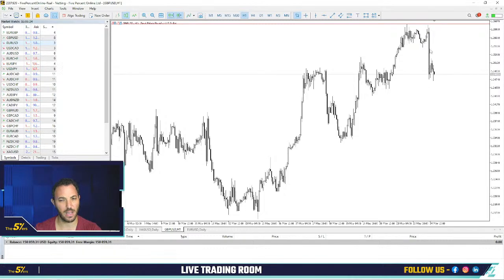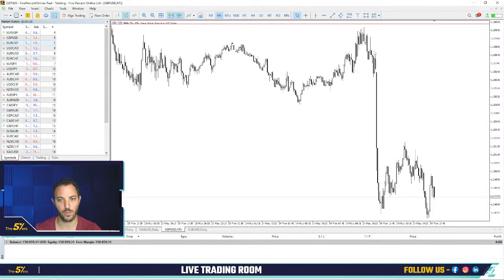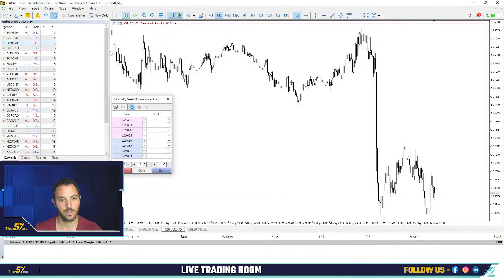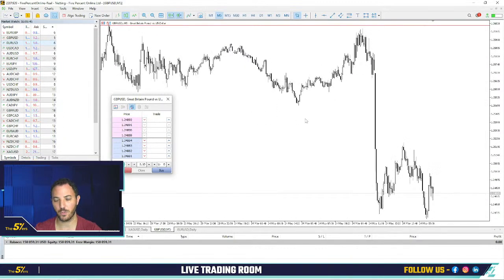I'm not sure if there was news or something earlier, but this was a very strong reaction. So this is a new supply area. So the bias is to the short side, the short-term momentum is to the downside.